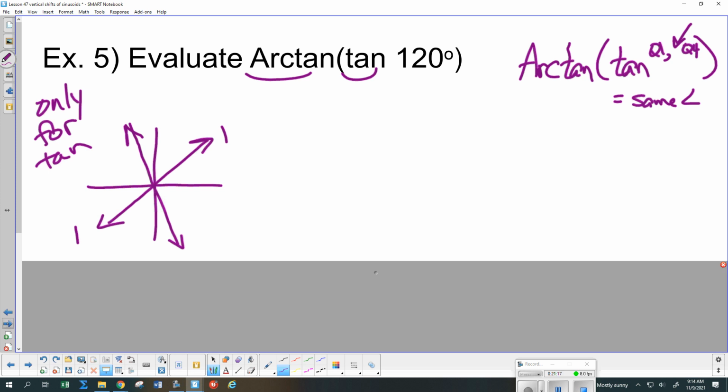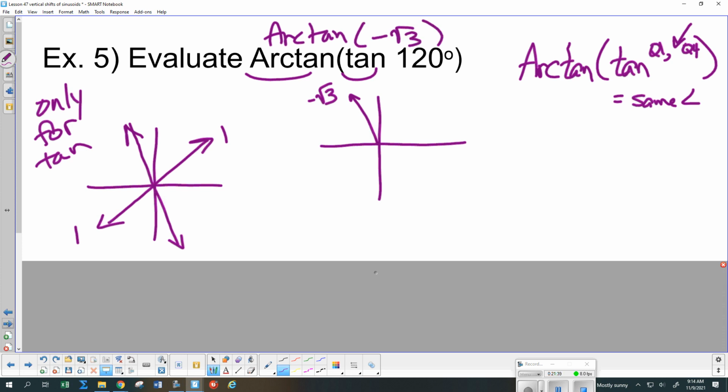But if, like in this example, 120 degrees is not between negative 90 and positive 90, then I would be thinking, oh, the tangent of 120 I'm talking about right here, that would be minus root 3. So now I want the arctan of negative root 3.